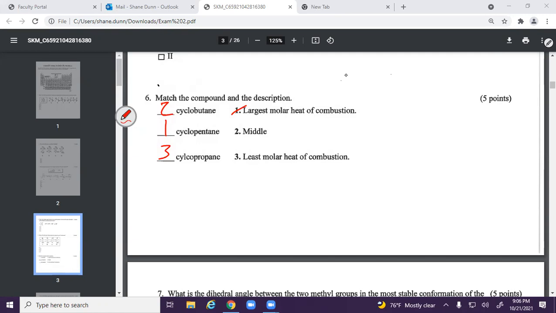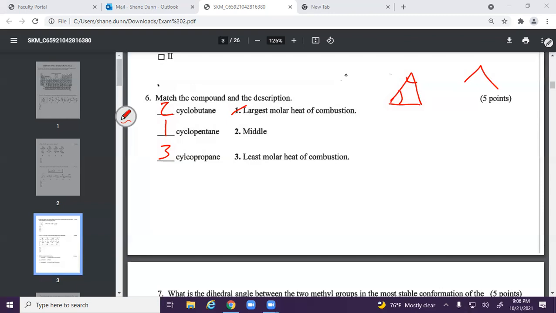Okay. So ring strain. What is the smallest cyclostructure we can make? Cyclopropane. The bond angles here are very low, so they can't move around as much. So there's a lot of steric strain and torsional strain going on here. What the molecules want to do is be as far apart from each other as possible, pretty much a straight line.